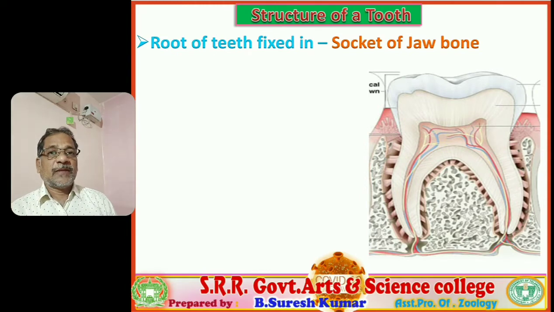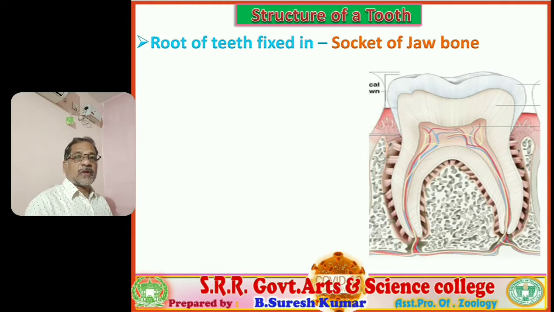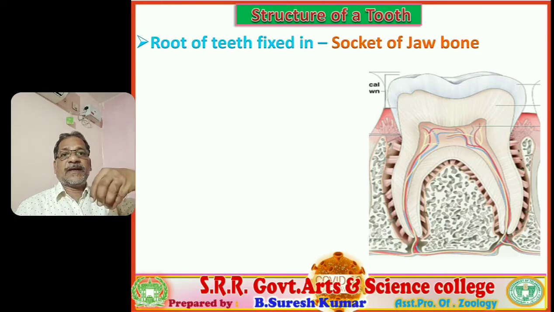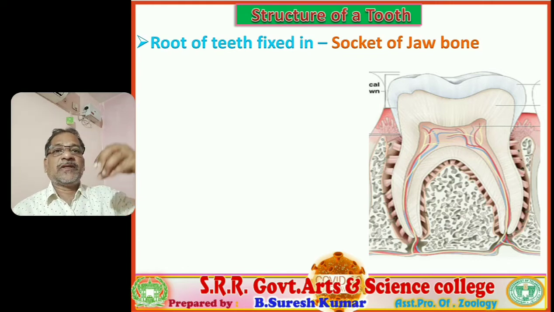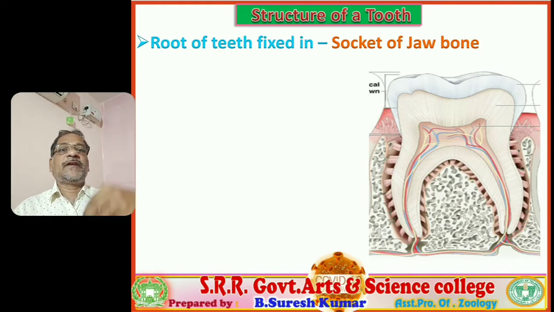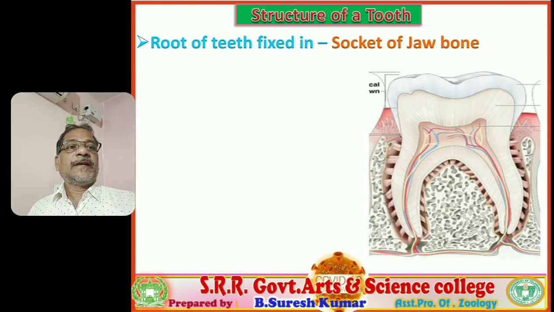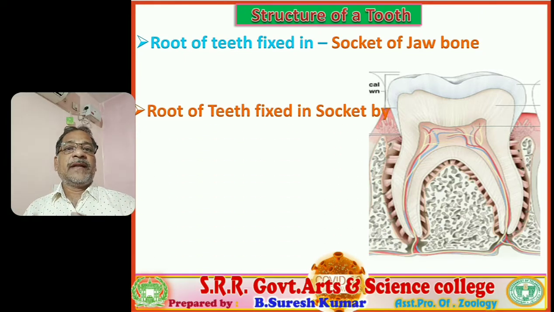Next, we will discuss in what pattern teeth fix under the socket of jawbone. Let us discuss. Our teeth are thecodont teeth. Already we discussed it. Completely fixed under socket of jawbone like this. So the root of teeth is completely fixed in the socket of jawbone. In what manner does it fix?